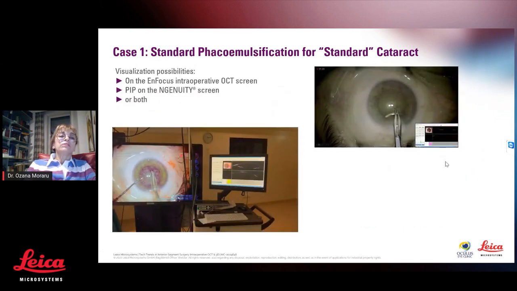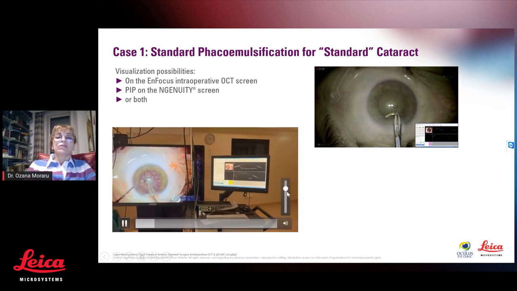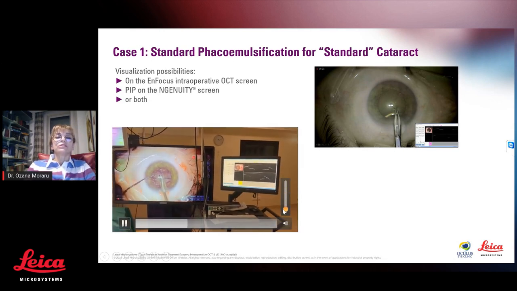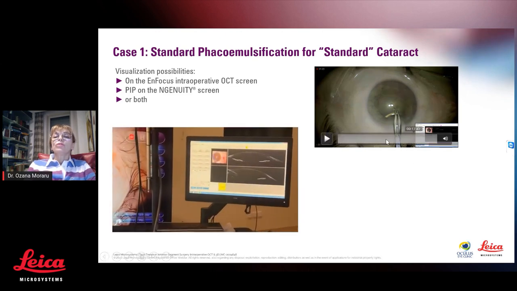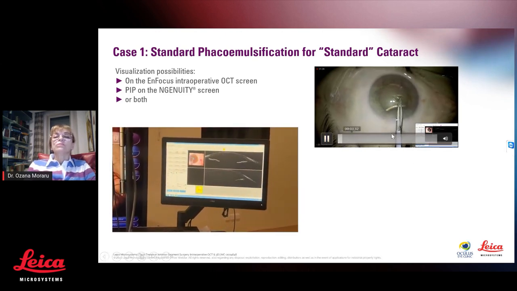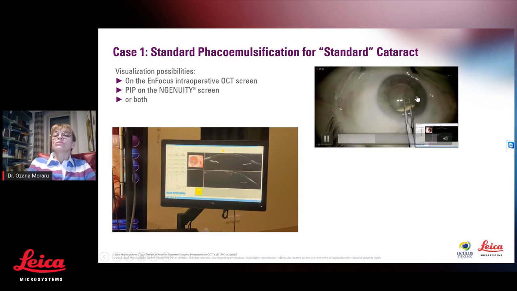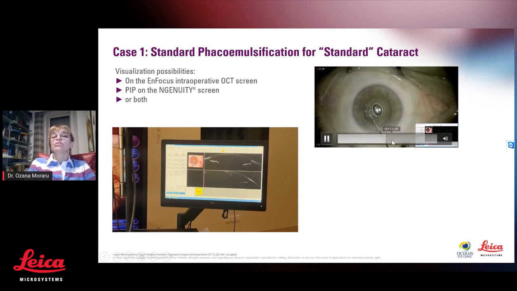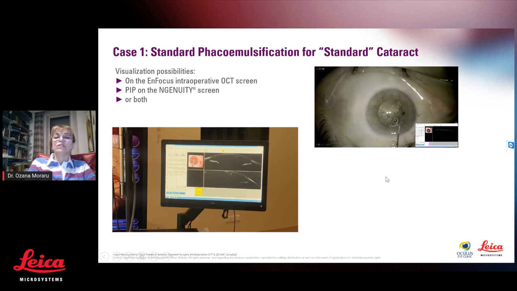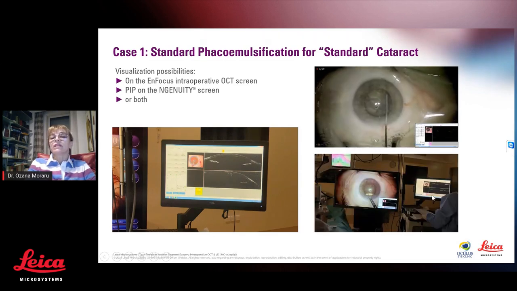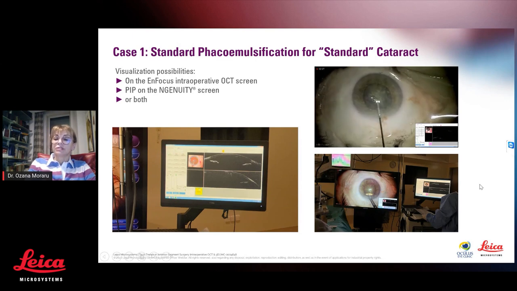There are three visualization possibilities: either on the OCT screen itself, which is in front of the surgeon here, or in picture-in-picture on the Ingenuity screen, and you can use them in any of the four corners of the Ingenuity screen, or you can split the Ingenuity screen in two, and in half of it you have the surgery image, and on the other half you have the OCT image. Or you can use them both, like in this case. I have here the EnFocus screen, and here I have one picture-in-picture image.